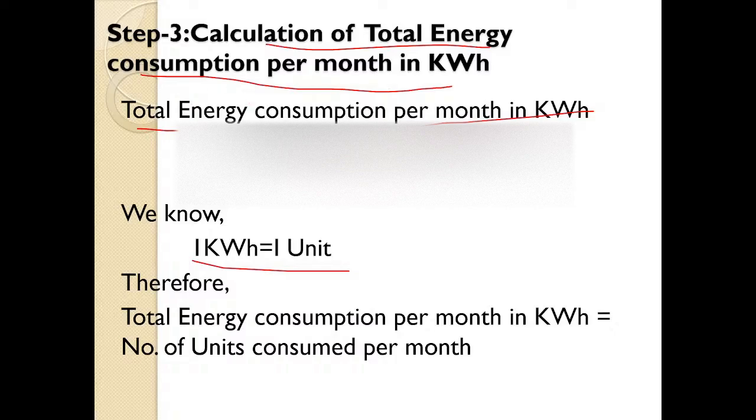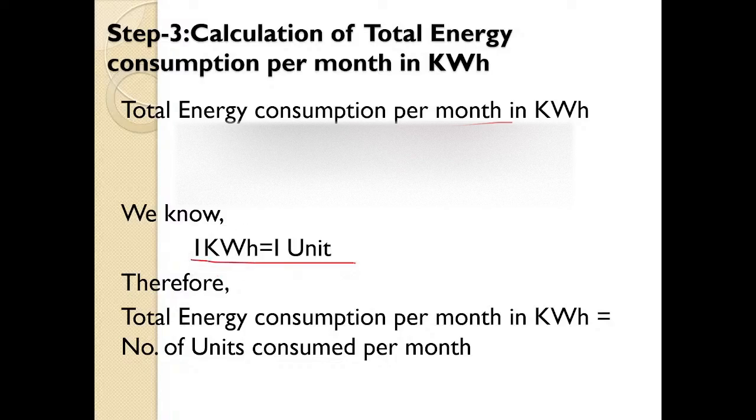Therefore, total energy consumed per month in kilowatt hour is equal to what? Number of units consumed per month. So we are simply converting watt hour into kilowatt hour, and instead of writing kilowatt hour, write units.